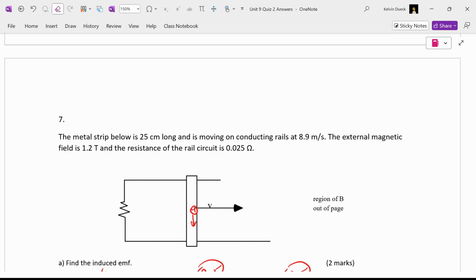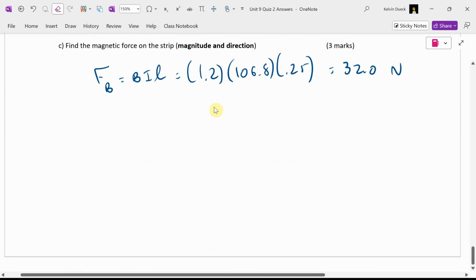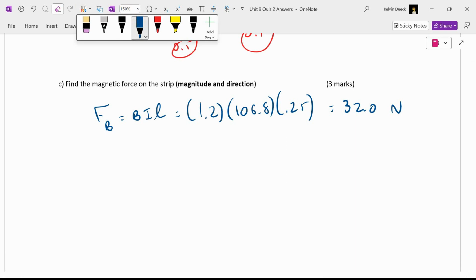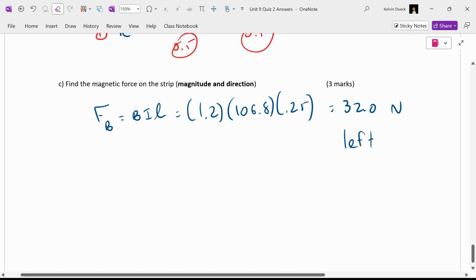So I have to repoint my thumb down the page, magnetic field out of the page. The net force is going to be that way. I'll call that direction left. And of course it is. That's Lenz's law kicking in, saying, whatever you're trying to do, nature is going to oppose it because of conservation of energy. You'll feel something trying to slow you down.